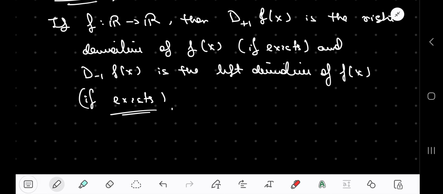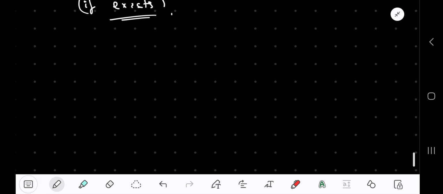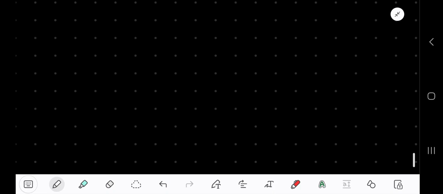Now we come to a very important observation which is very useful at this point, because in some sense we are trying to relate these notions of directional derivatives and total derivatives. Total derivatives were defined in the previous lecture.